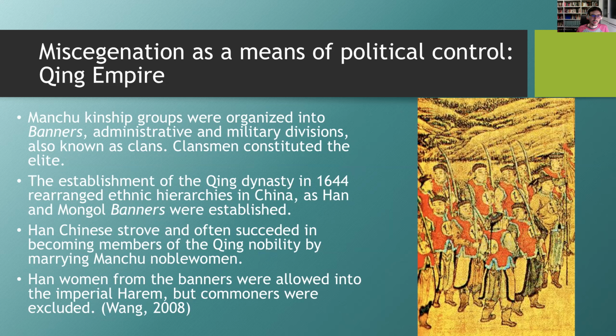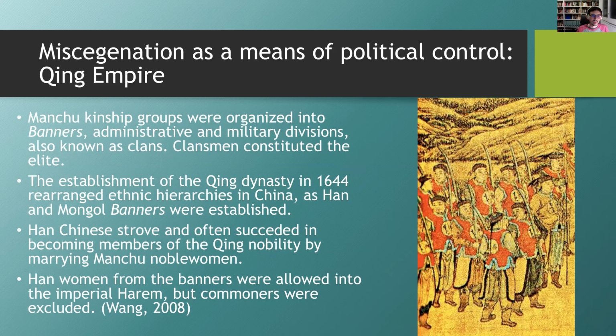Now, after the Manchu conquest of China in 1644 and the establishment of the Qing dynasty, this entrance into China reestablished or rearranged ethnic hierarchies in China. And they also incorporated Han and Mongol banners into the mix.